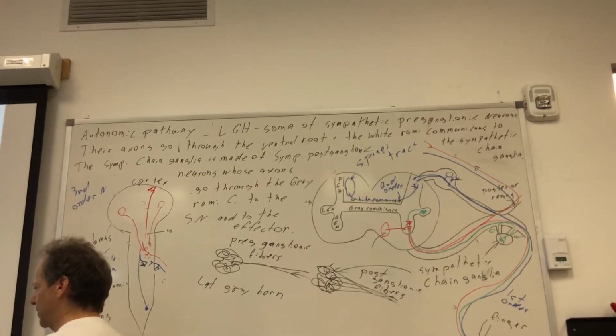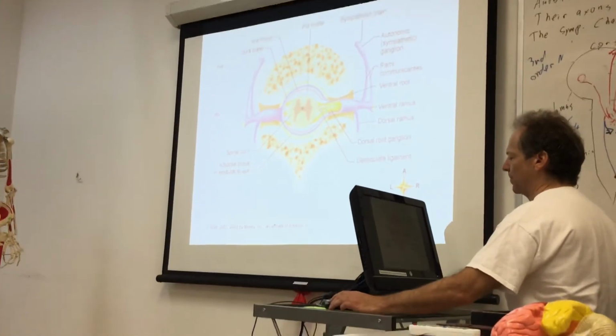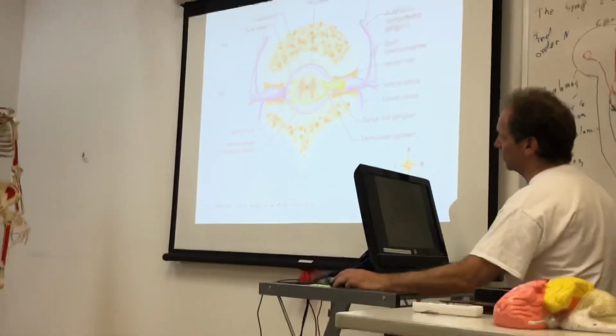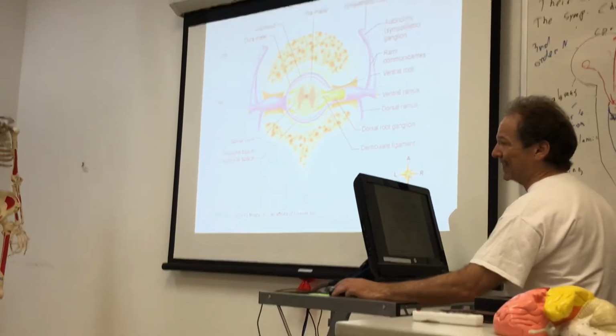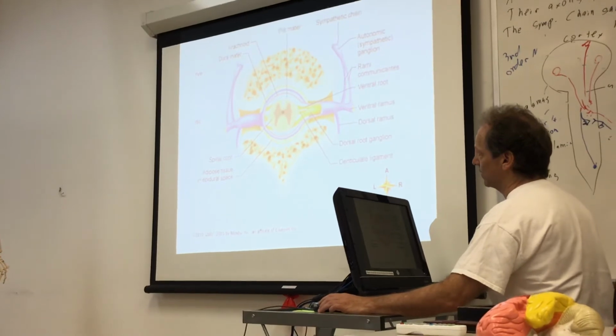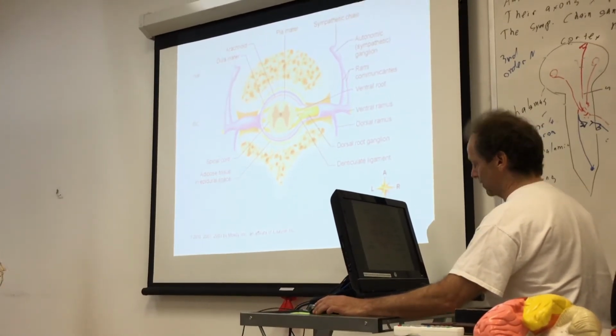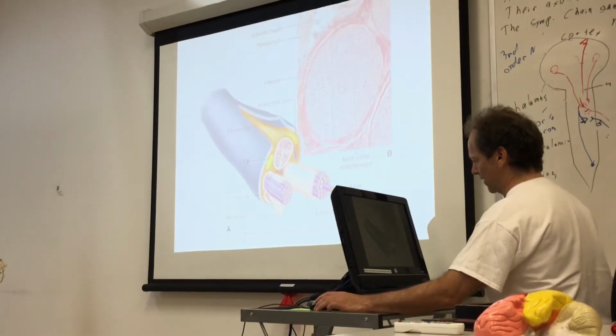There's your rami communicans. They're also called rami communicans. Of course. There's the sympathetic chain ganglia right there. Now this one is a huge picture for you because this picture is upside down, right? This is the dorsal root ganglia on the bottom, which means the sympathetic chain is actually anterior. There's the body of the vertebra. Always got to keep track of that.